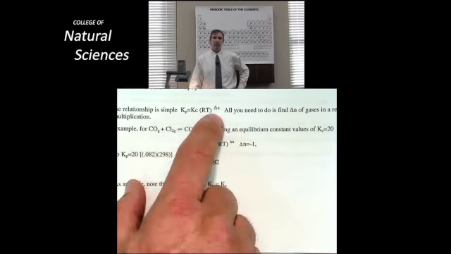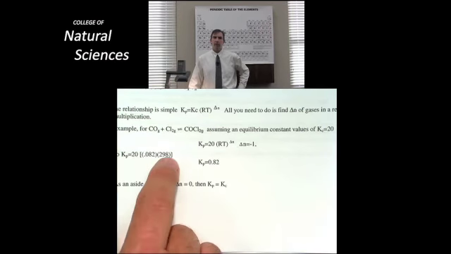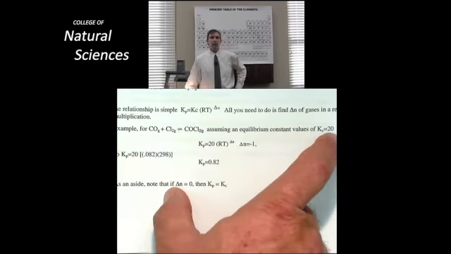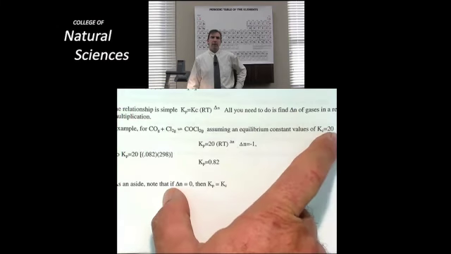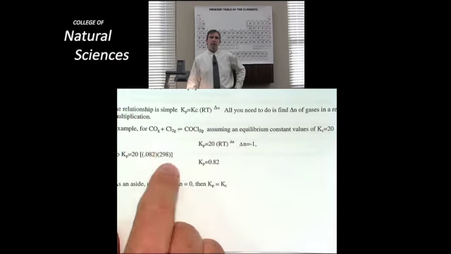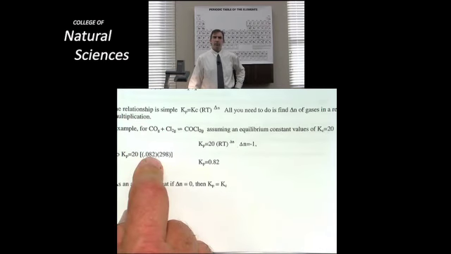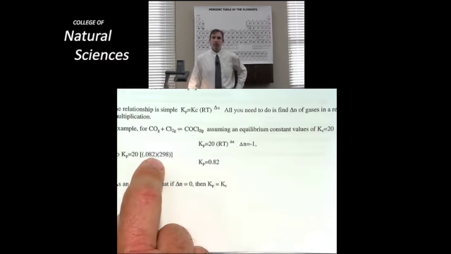Kp is equal to Kc times a correction factor. So Kp is equal to 20 because that's our concentration equilibrium constant. And then I have to multiply through times RT. R in this particular case, because we're working with liters, atmospheres, degrees, and moles, is 0.082, as we saw back when we were doing the ideal gas law work. There's a temperature right there.